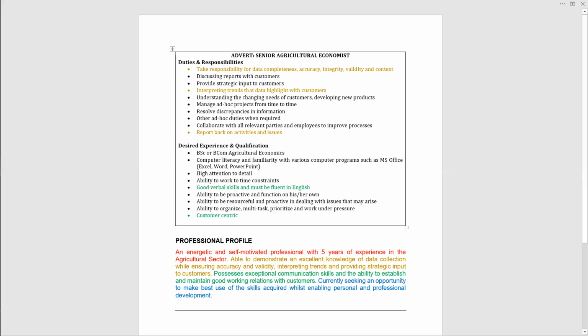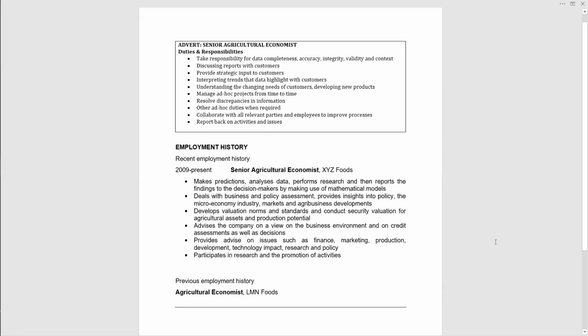For instance, you can talk about a time where you paid high attention to detail, where you were able to work under pressure, and so on and so forth. And then you are done with your professional profile.